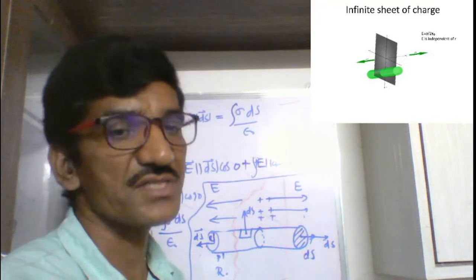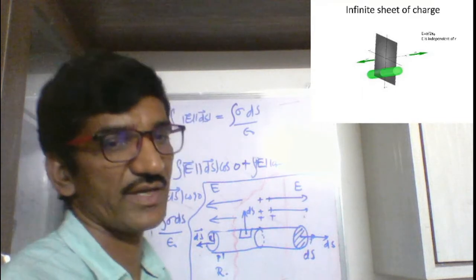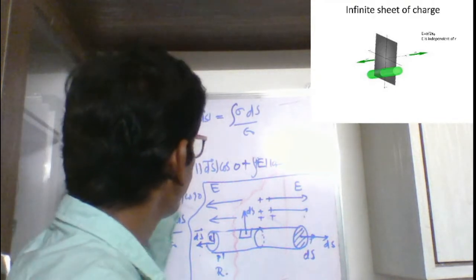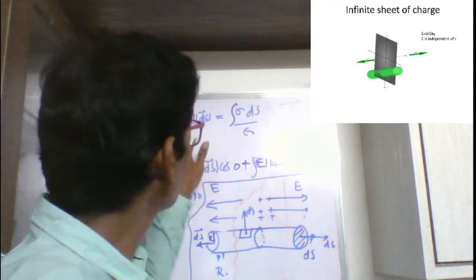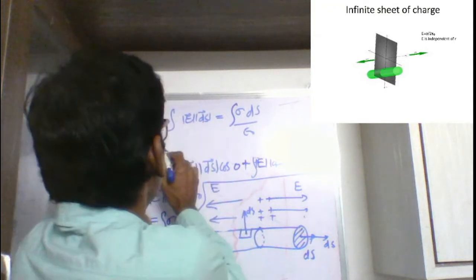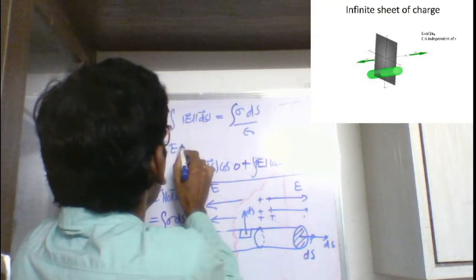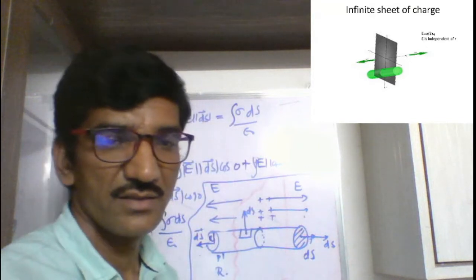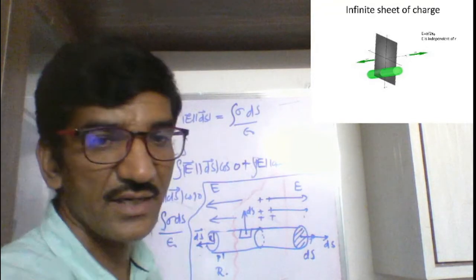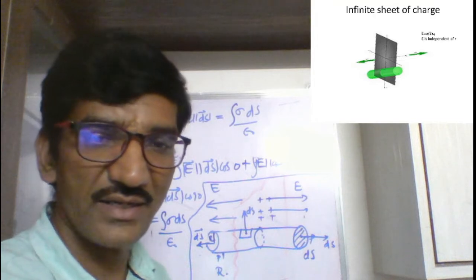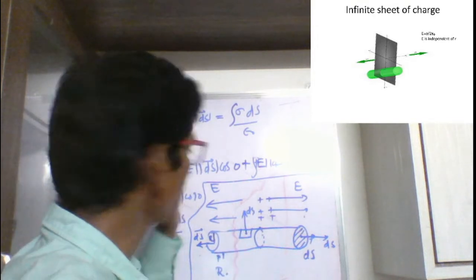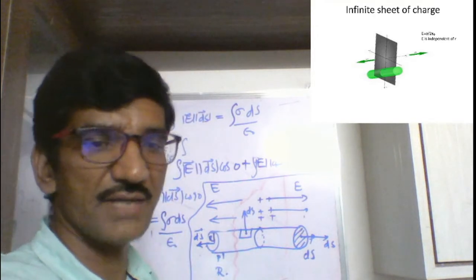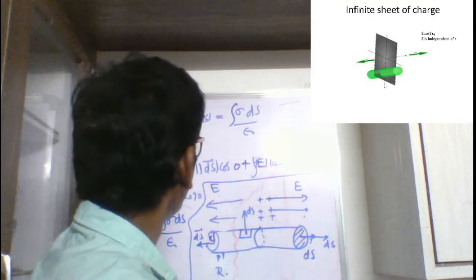That is a very important thing here. So when E is constant, you may write E outside of this integral. Whenever you have the modulus and that arrow mark, we need not write anything in the next step. Let's simply write E, because that is the magnitude of E, a number.